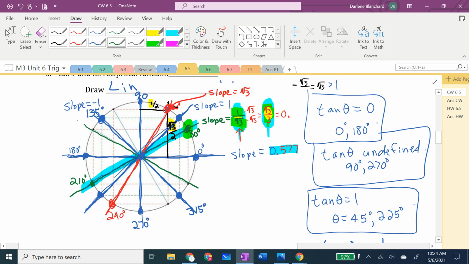What is the slope of this line right here that I just drew? It's a negative slope, and it is less steep than my -1 slope. So it is negative one divided by root 3.